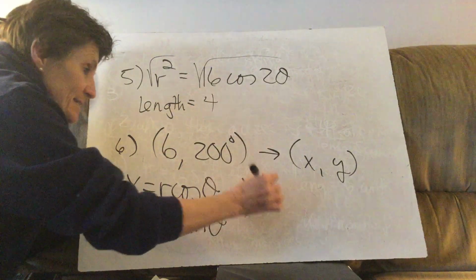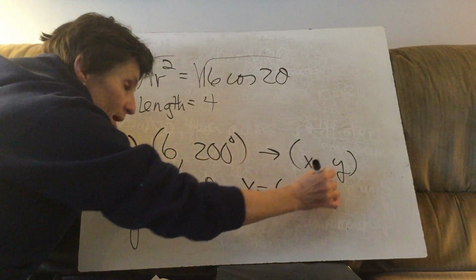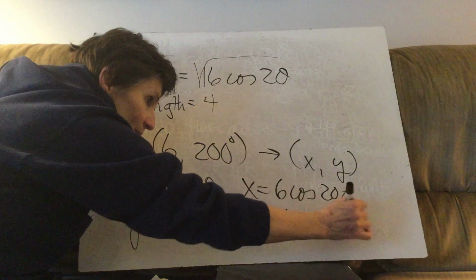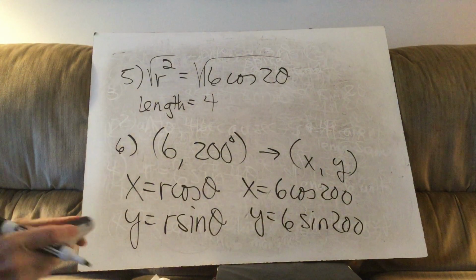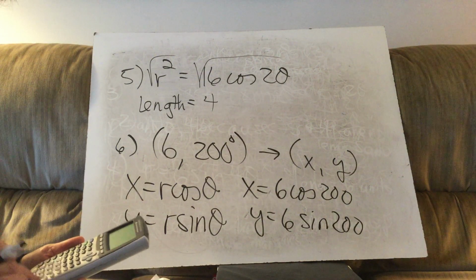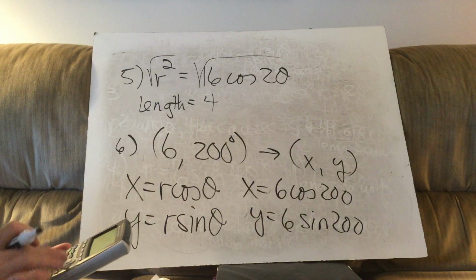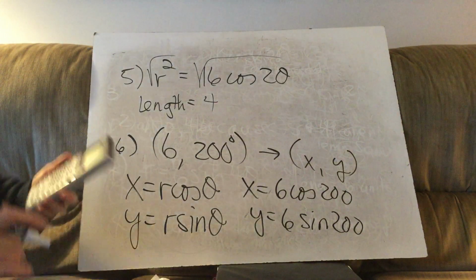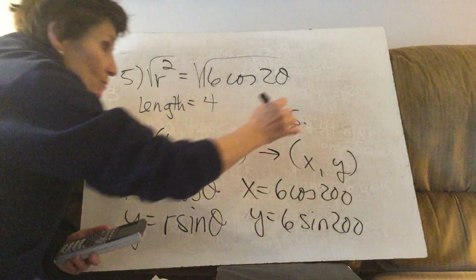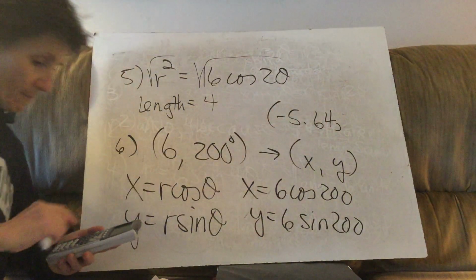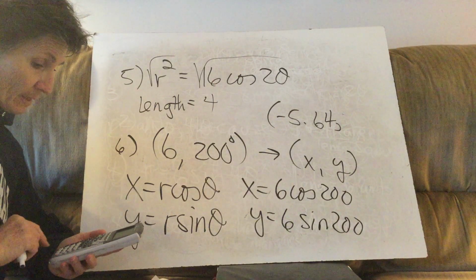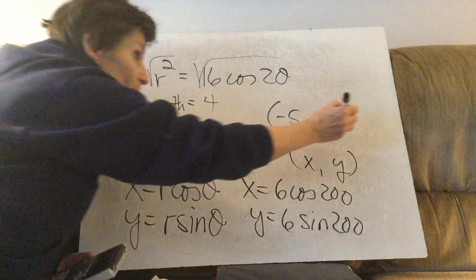So x equals 6 cosine 200 and y equals 6 sine 200. And I'll go to my calculator. 6 cosine 200 is, and then my answer will be negative 5.64, comma, 6 sine 200, negative 2.05.